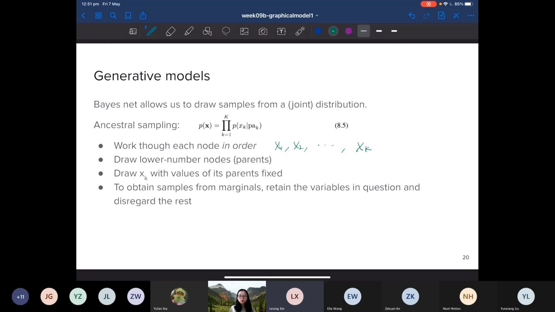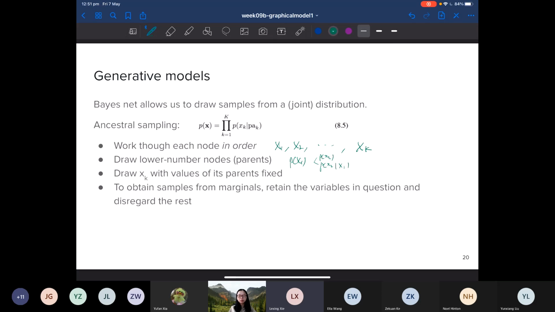So in order to sample the joint, we basically need a value for each of these variables or components. X1 is guaranteed to have no parent, so we can just draw from P(x1). Then draw P(x2), or P(x2) conditional on x1 if it depends on x1.